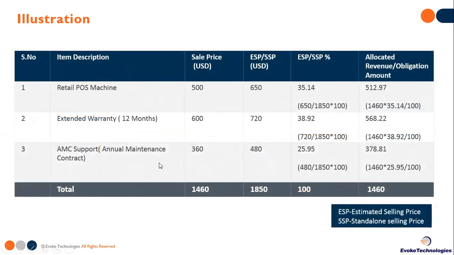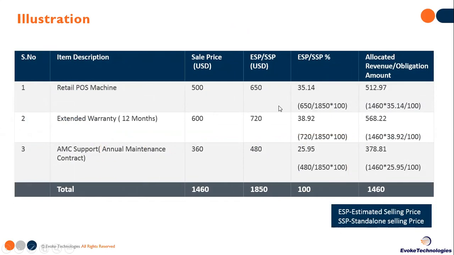First are the item descriptions and the selling price, which you have seen. The selling price total comes to 1,460, and the next column is ESP SSP, with a total of around 1,850 USD. Now, how is the ESP SSP percentage calculated? It is the ESP price divided by the total of the ESP price, into 100, which gives the percentage of each against the total ESP value.